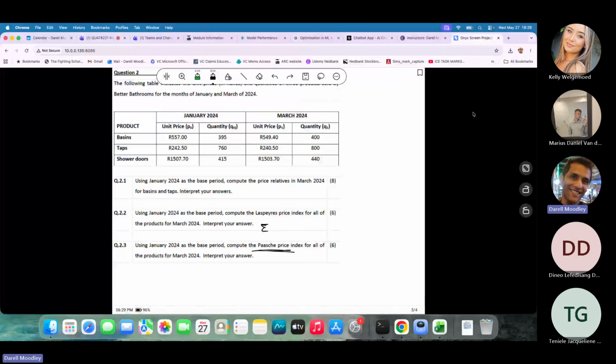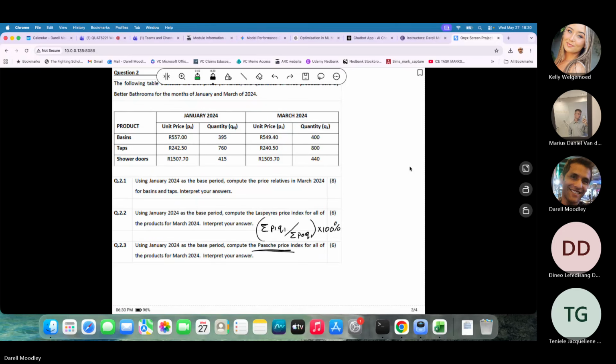Now we're going to do the Paasche price index, which is question 2.3. The formula for that is sum P1 Q1 over sum P naught Q1 times 100%.